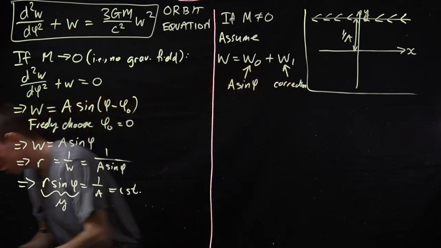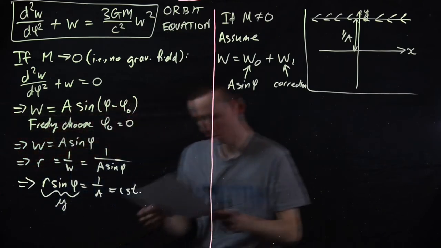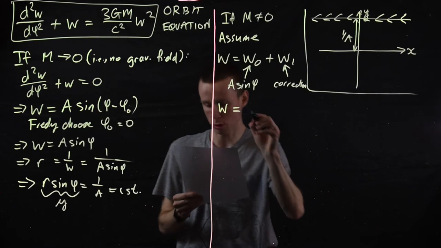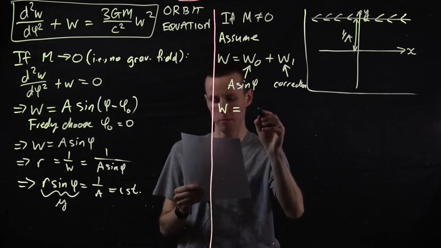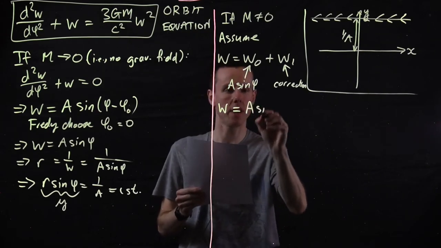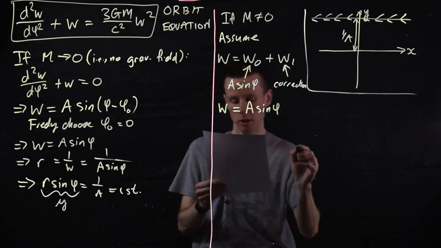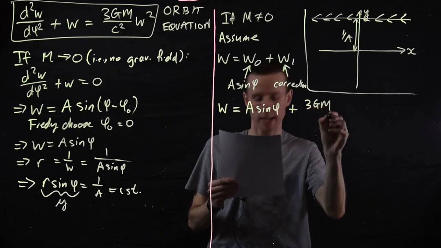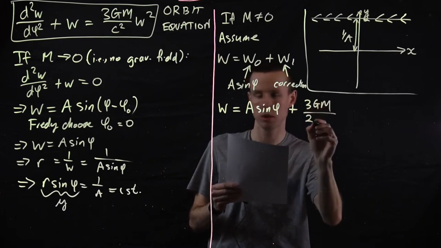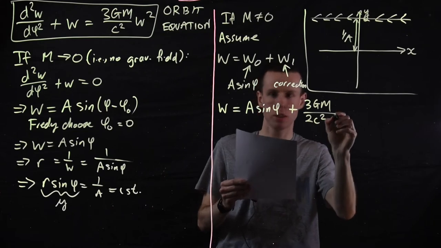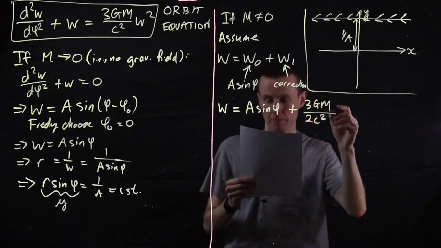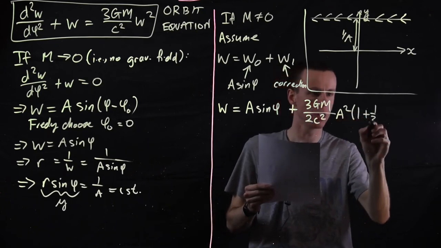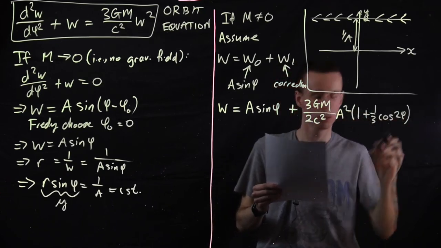At any rate, the solution that you end up with is, and I'm just going to copy it here, is the following. So you get W equals A sine phi, so that's the W0 part, plus 3GM over 2c squared a squared times 1 plus a third cosine 2 phi.